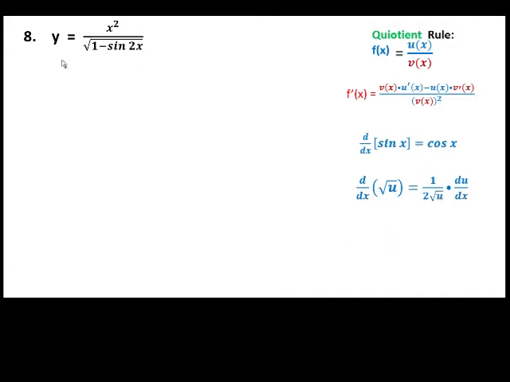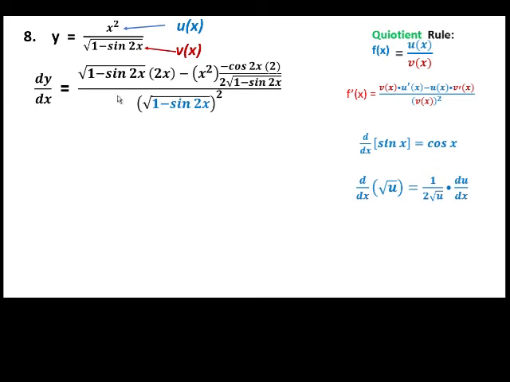So the derivative dy dx is equal to, using first the quotient rule, the denominator here times the derivative of the numerator, the derivative of x squared is 2x, minus the numerator times the derivative of the denominator. So the derivative of square root of 1 minus sine 2x is 1 over 2 times square root of u.